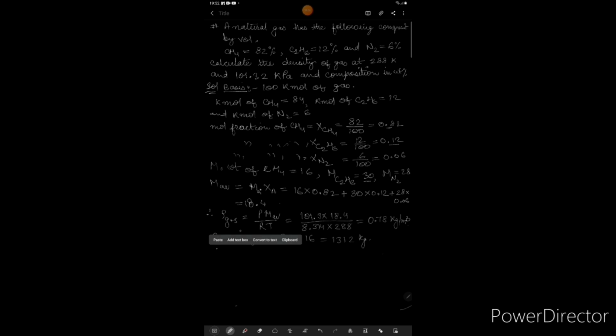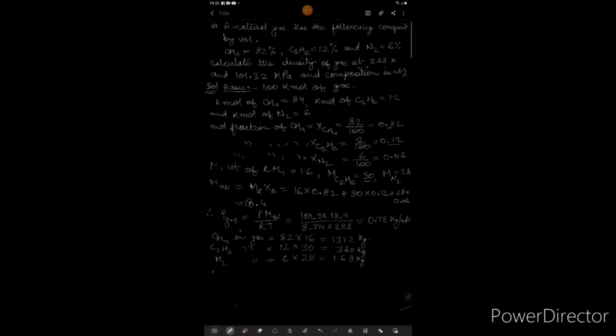And C2H6 in gas equal to 12 into molecular weight 30 equal to 360 kg. And N2 in gas equal to 6 into molecular weight 28 equal to 168 kg.